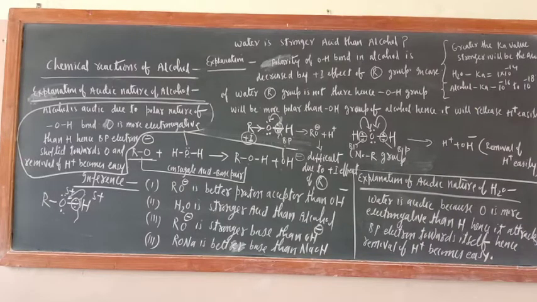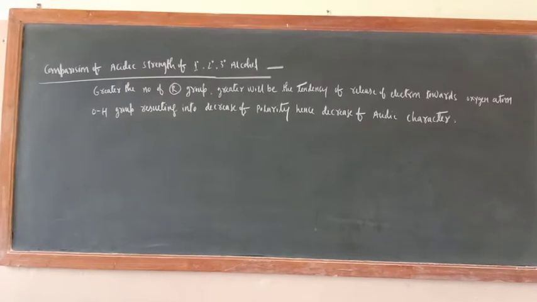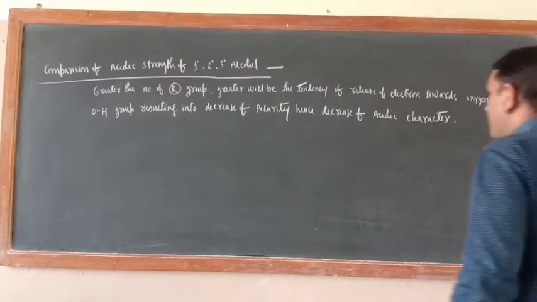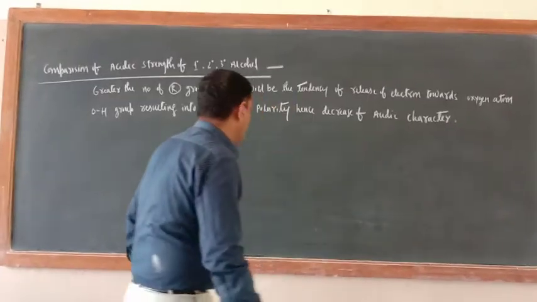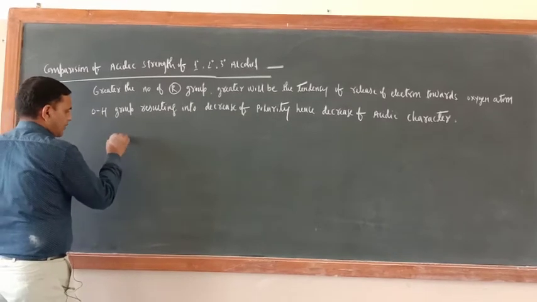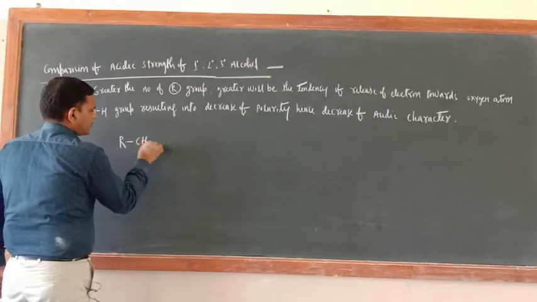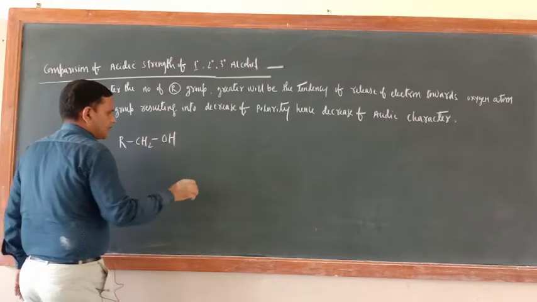Okay. So now, the comparison of acidic strength of 1 degree, 2 degree and 3 degree alcohols. So just see. First write 1 degree alcohol: RCH2OH. This is 1 degree alcohol.